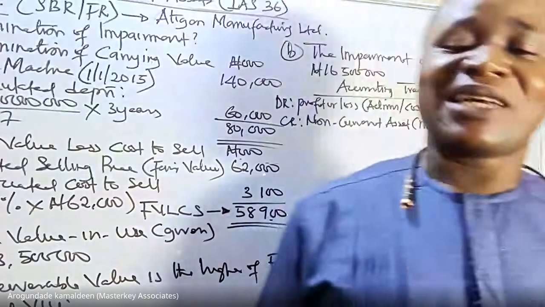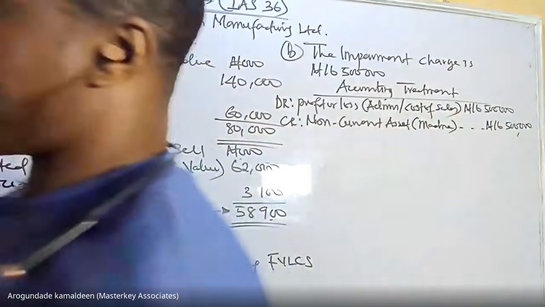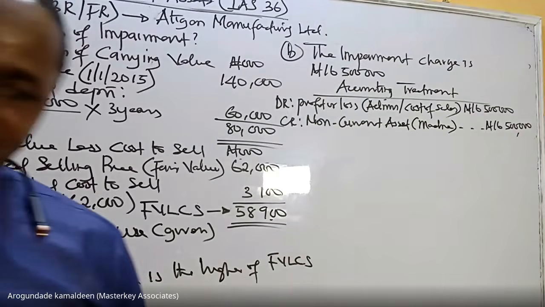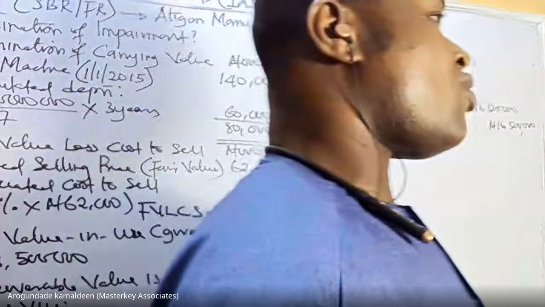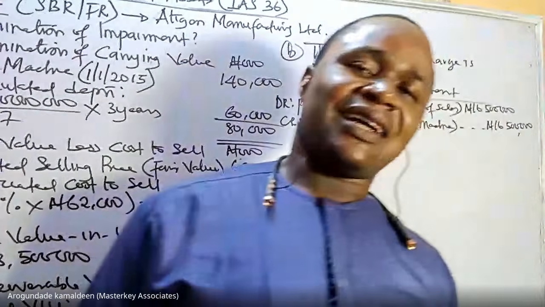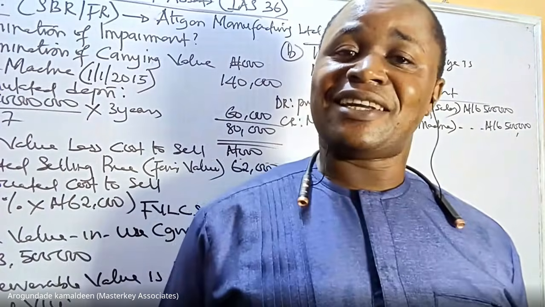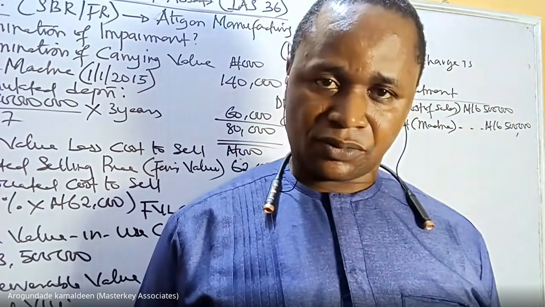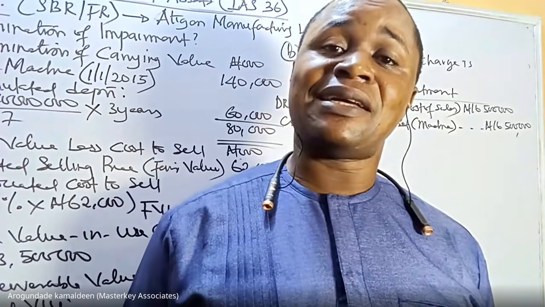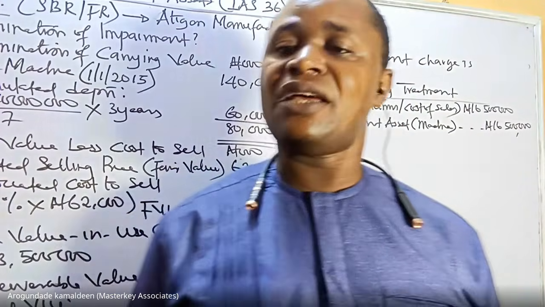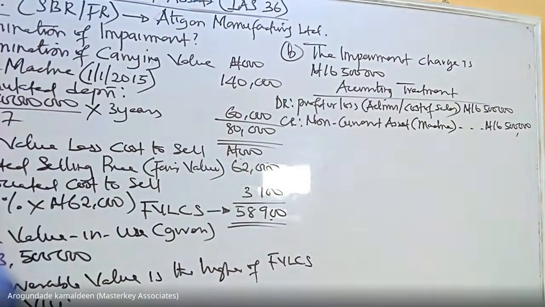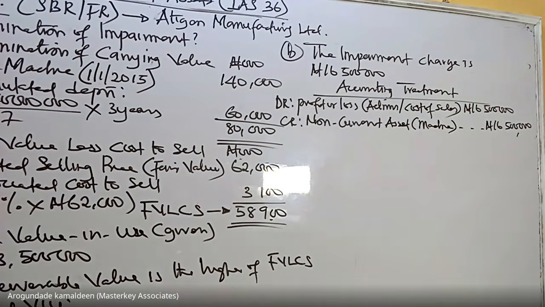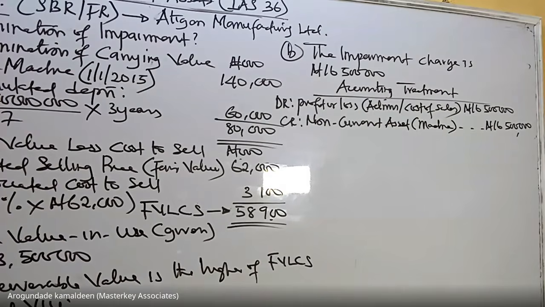No. In that case, the standard is very clear. It says that when the recoverable value is more than the carrying value, then there is no impairment. So the asset should still be maintained at the carrying value. Madam, are you clear? Yes, sir. Thank you, sir. So that is that.